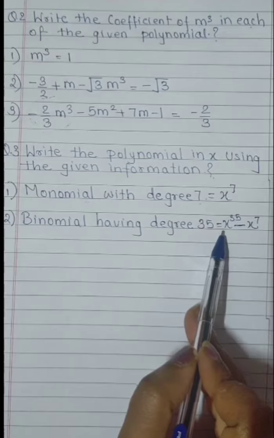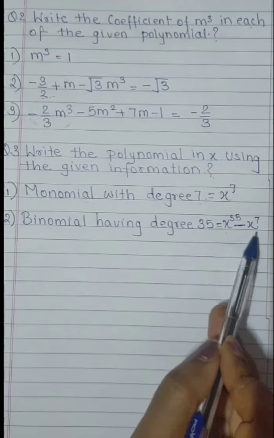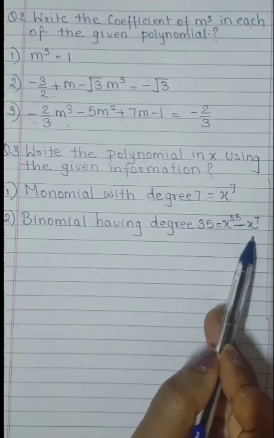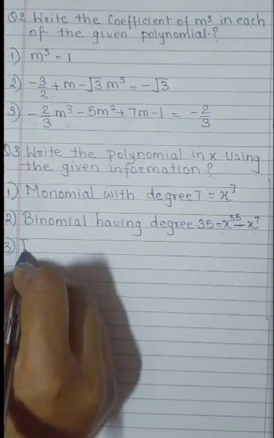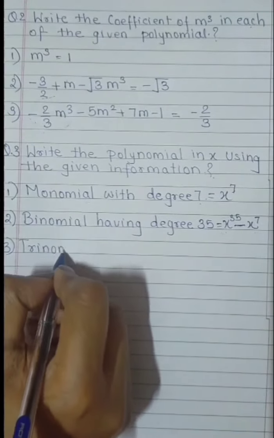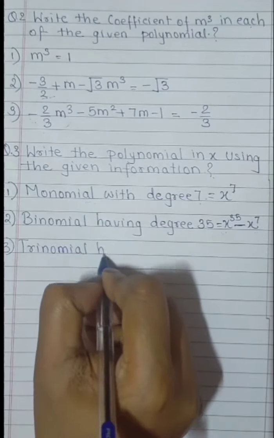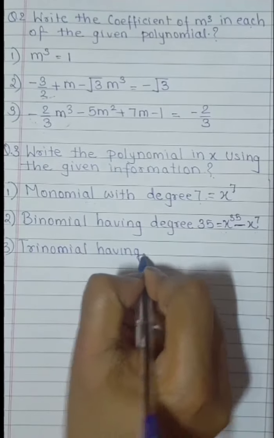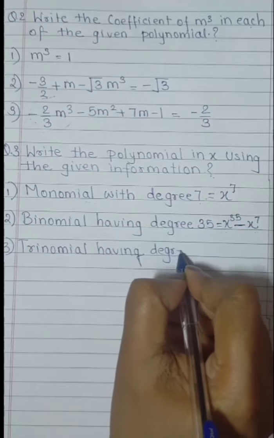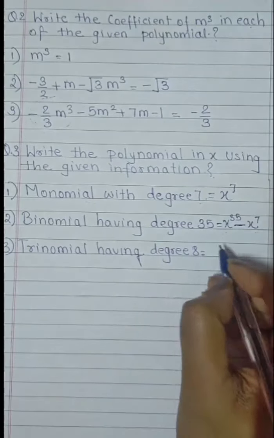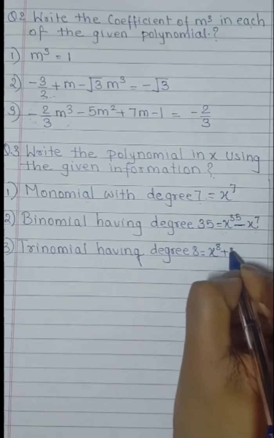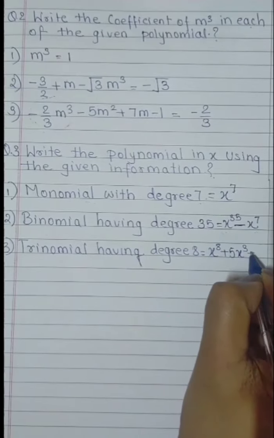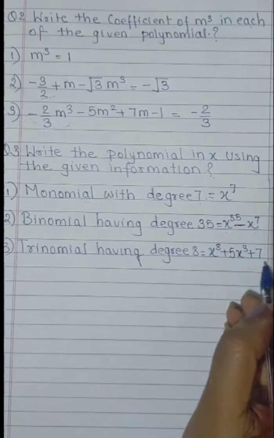In binomial we have two terms. So I have written two terms of binomial. The third is what? Trinomial. Trinomials having degree 8. So I am writing here x 8 plus 5x cube plus 7 positive.